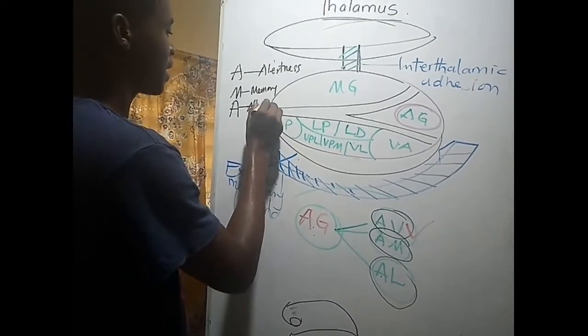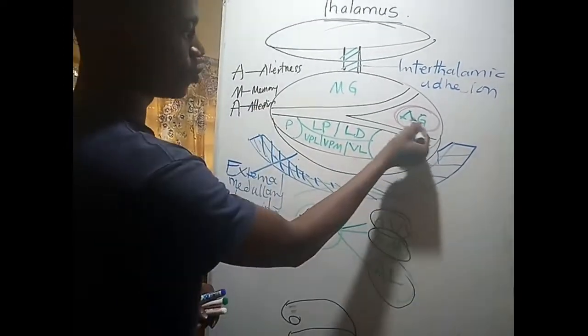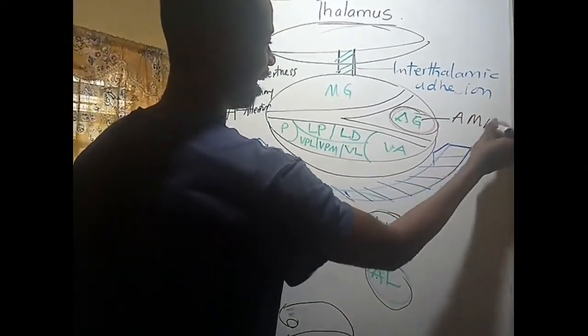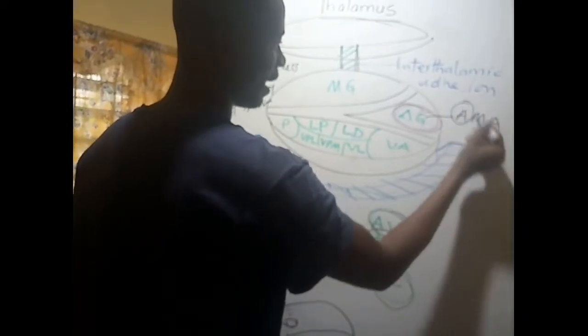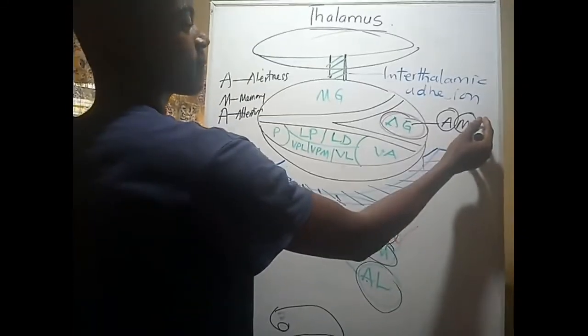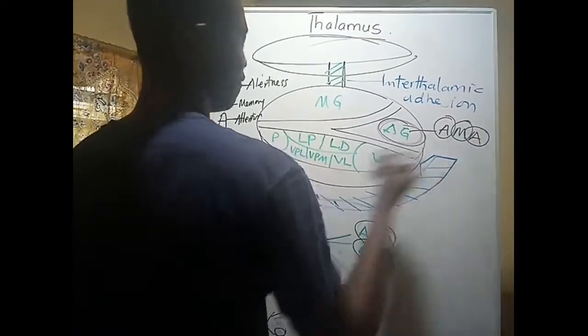So fibers carrying this go through the anterior group. So anterior group is for AMA. Yeah, AMA is the name, right? Good. So A for alertness, M for memory, and then A for attention.